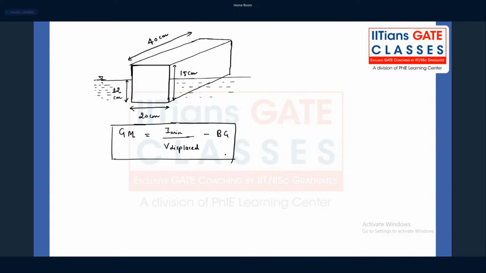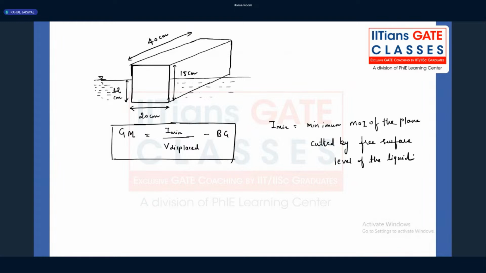First of all, note this. I minimum is the minimum moment of inertia of the plane which is cut by the free surface level of the liquid.